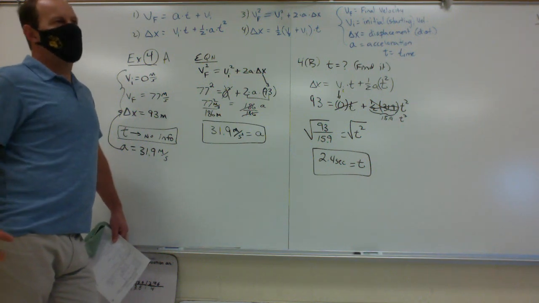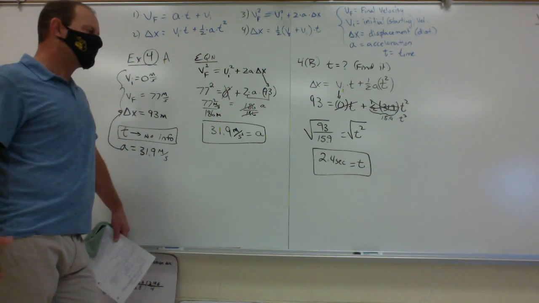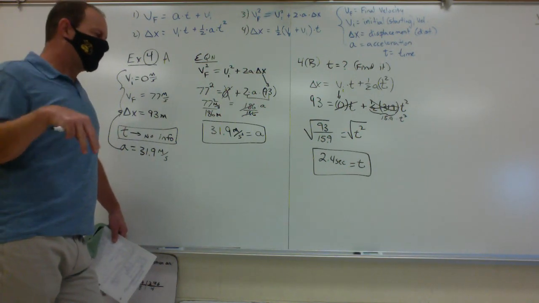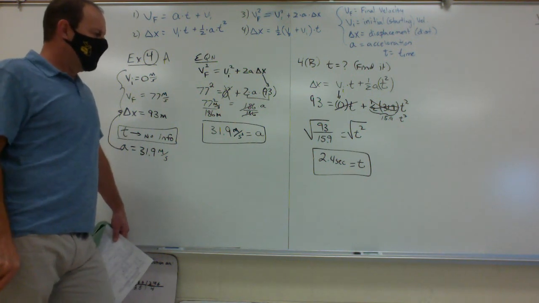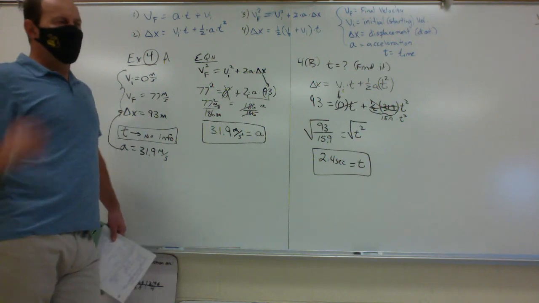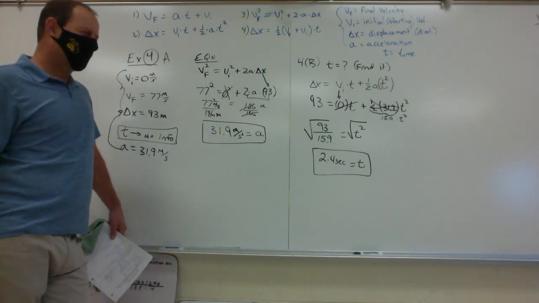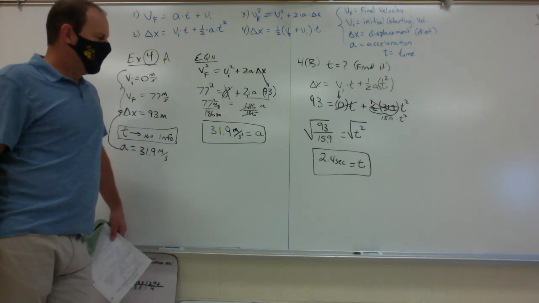If the time was 700 seconds or 0.0003 seconds, you might go, wait a minute, one of those sounds way too big or way too small, knowing that a minute is 60 seconds. So always think about whether or not your calculator is telling you something that seems a little bit funky for some reason, and let your intuition guide you.